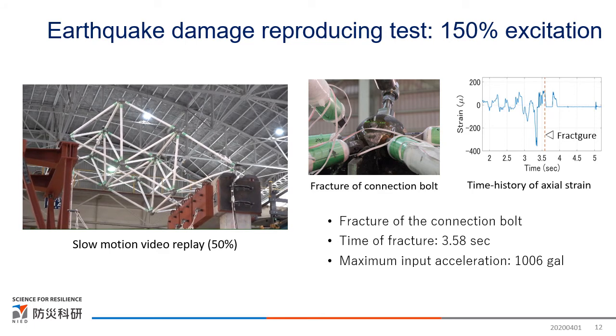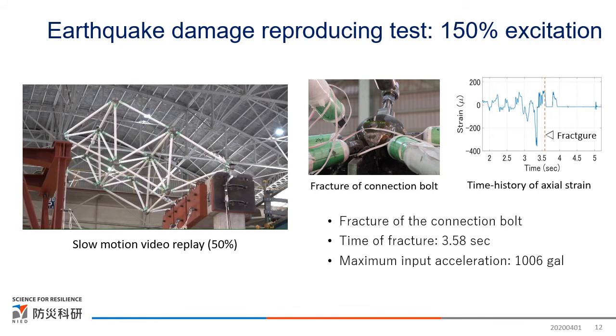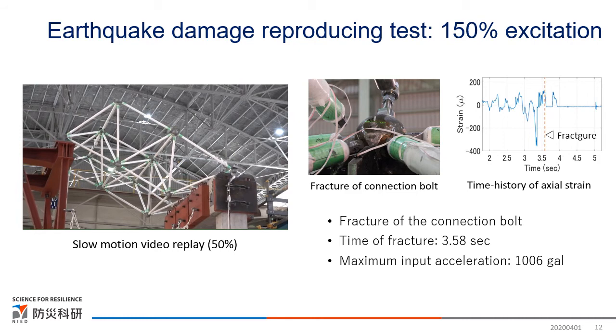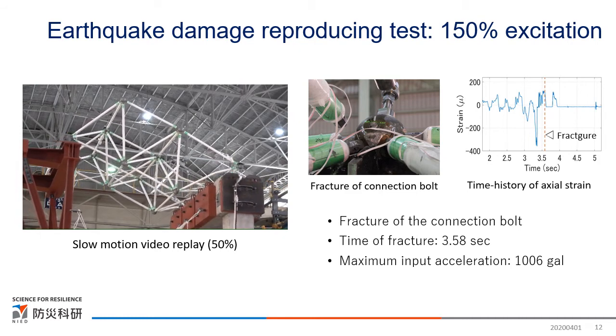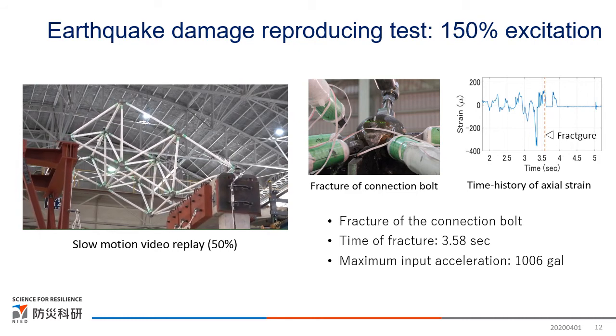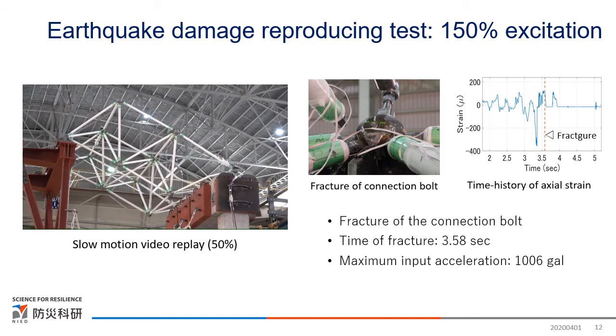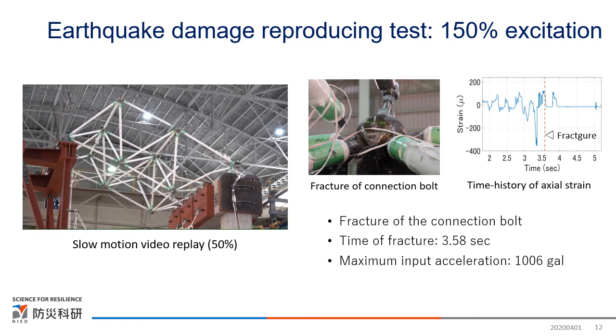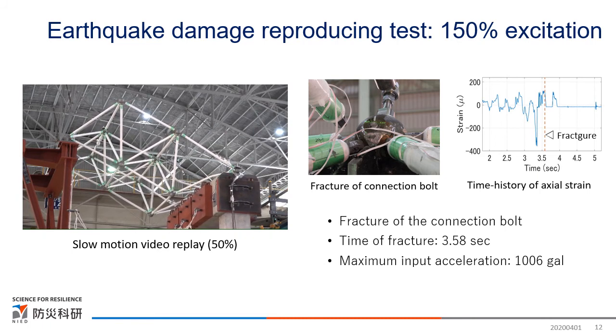After 3.58 seconds from the start of the excitation, the connection bolt was fractured. Since the fracture time was before the main shock of the input acceleration, the upper chord might have had large accumulated plastic deformation and been almost fractured in the first 150% excitation.